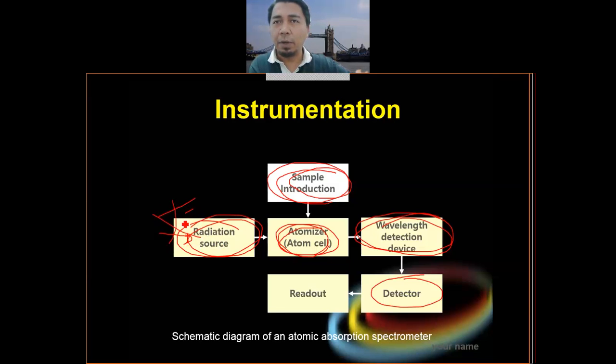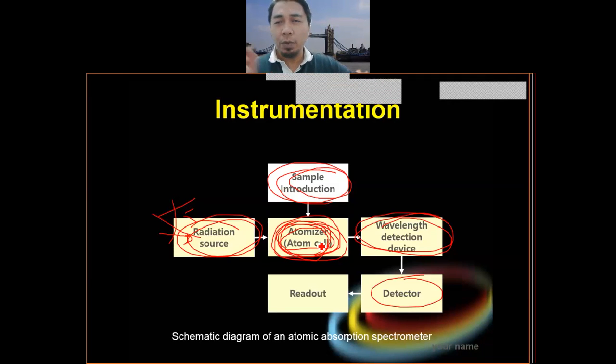Okay, I drew this one, light source, and then we'll see the sample cell or the atomizer. Here we don't call it a sample cell, we'll call it an atomizer, where atoms are made. Okay, the burning process. We will see it in about 1 minute.